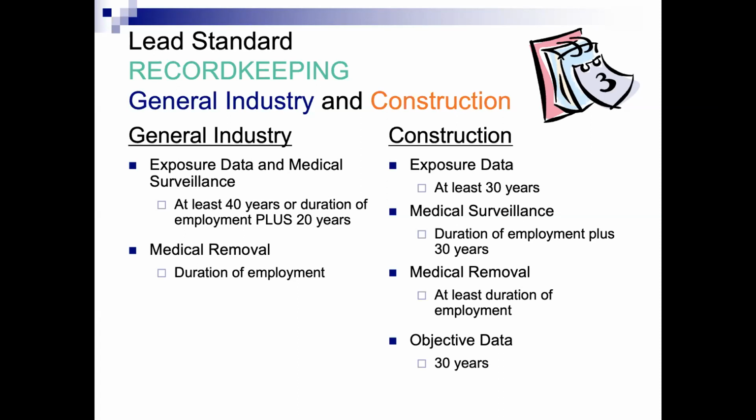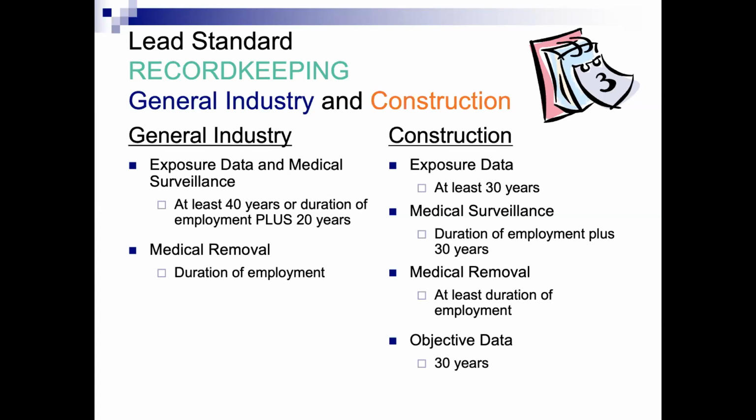And something called objective data we talked about: if they're relying on it, previous air monitoring results from the same kind of material have to be kept for 30 years. Having said all of that, I strongly encourage, because of the health effects of lead, and it might take a while for someone to realize that they have an issue, and they might come back to say, I wasn't properly protected on my job, and I now am having trouble having a family.